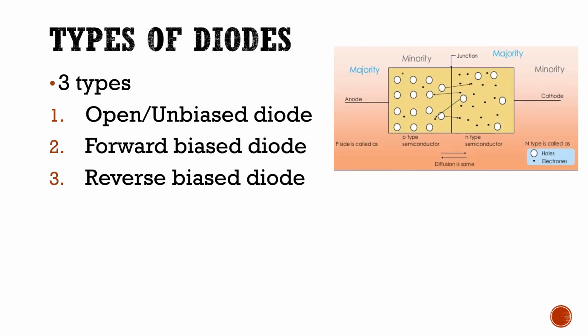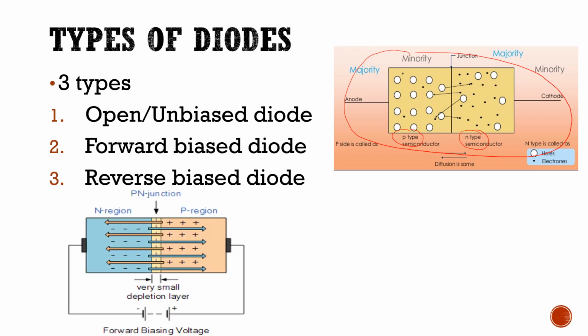This zero bias p-n junction is also known as unbiased p-n junction or open or unbiased diode. As you can see in this figure, this is the p region, this is the n region, and there is no external voltage applied here. So this is an open or unbiased diode.